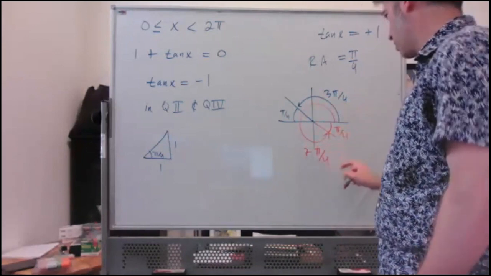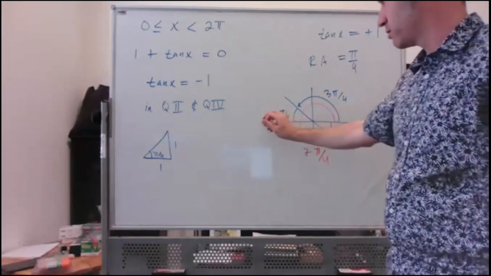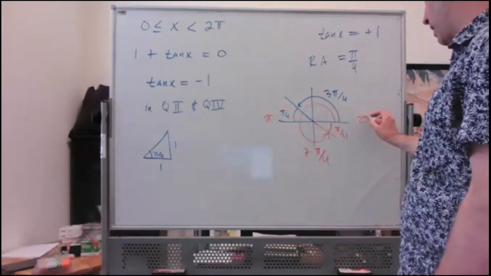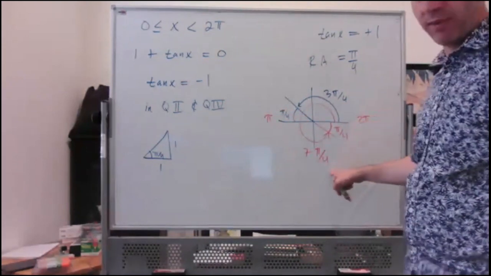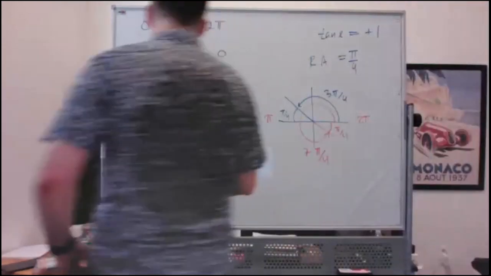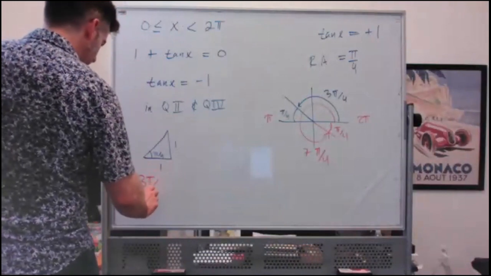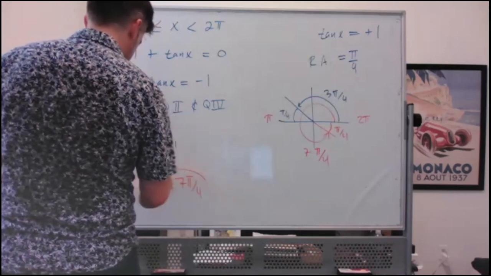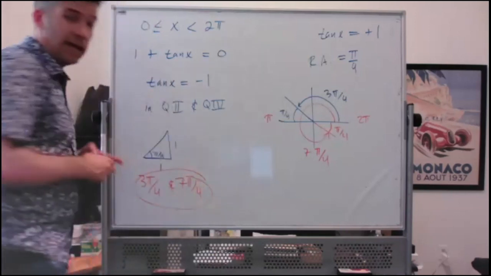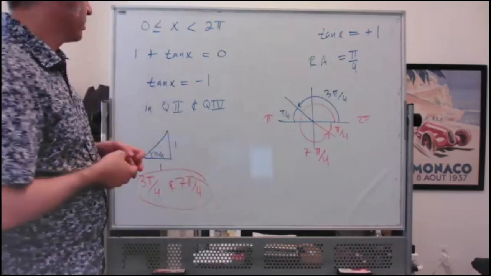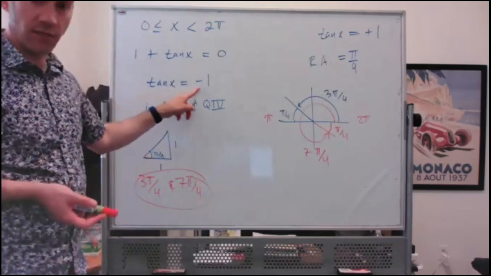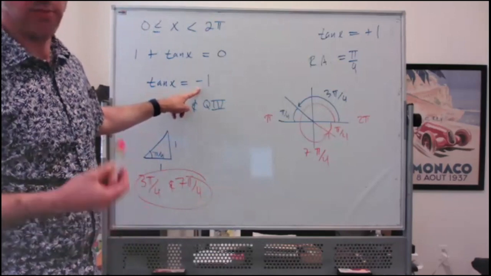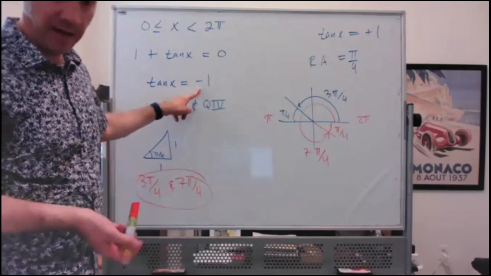Or if you prefer, this one is pi minus pi over 4, which is 3 pi over 4, and this one is 2 pi minus pi over 4, which is 7 pi over 4. So those are my answers: 3 pi over 4 in quadrant 2, and 7 pi over 4 in quadrant 4. If the question had been tangent of x equals +1, the answer would have been the angles in quadrants 1 and 3, which would have been pi over 4 and 5 pi over 4.